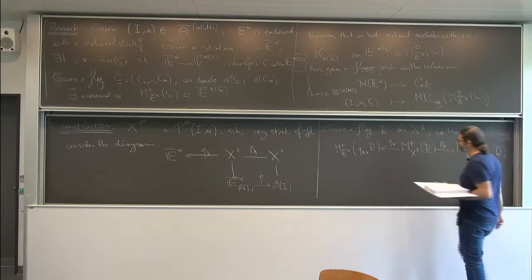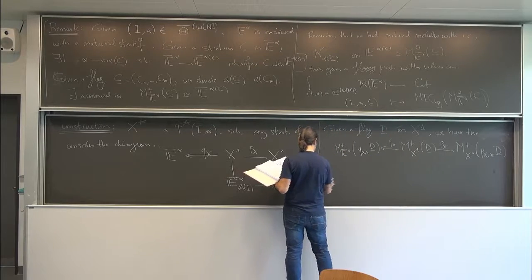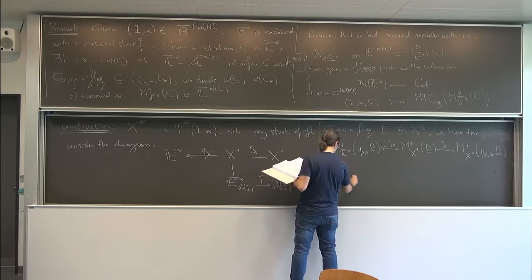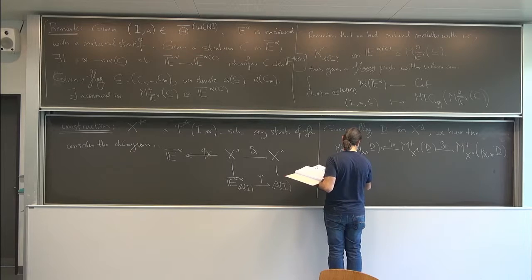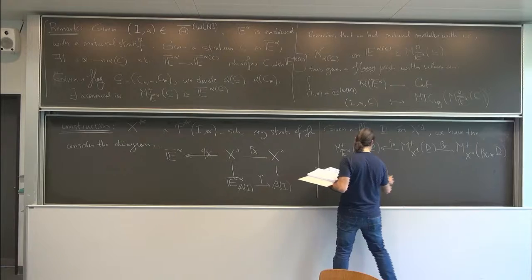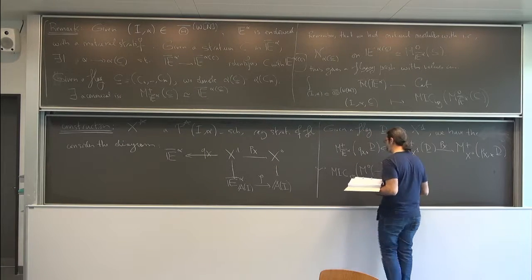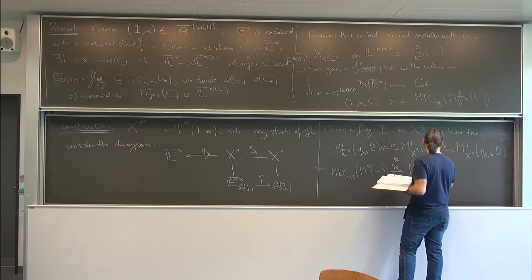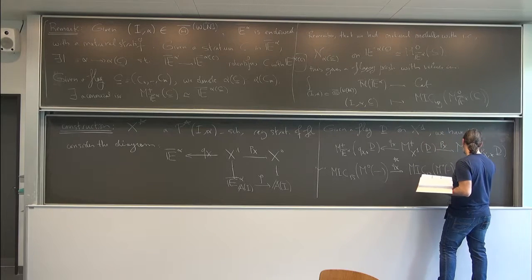Okay, from this we now apply the 2-functor MIC regular singular to this diagram, and I put M0 instead of M plus, and here I get the inverse image functor, again with M0 instead of M plus, and this is pX upper star.